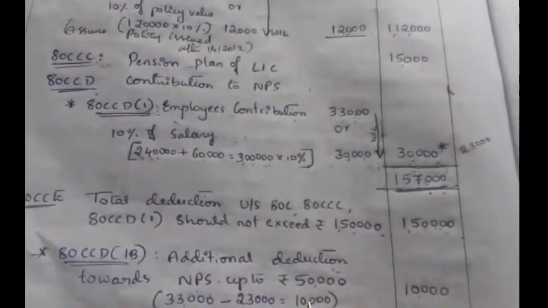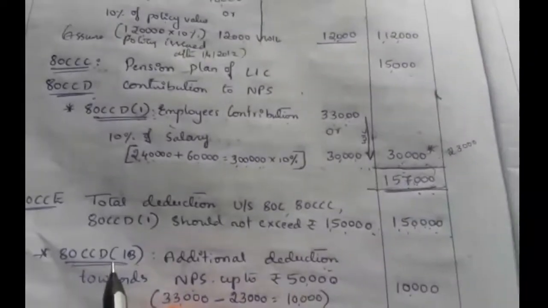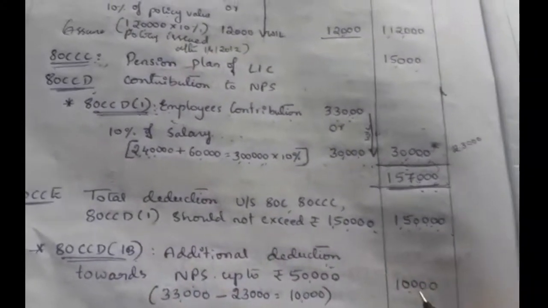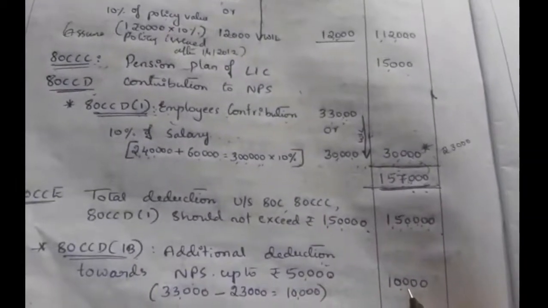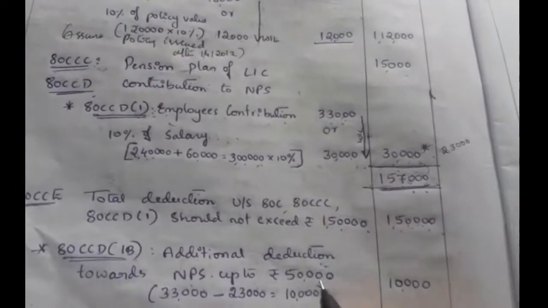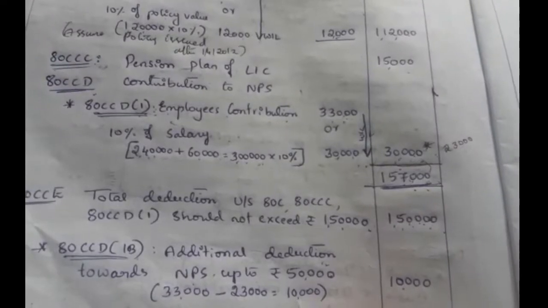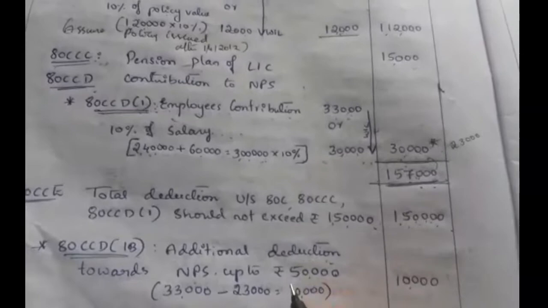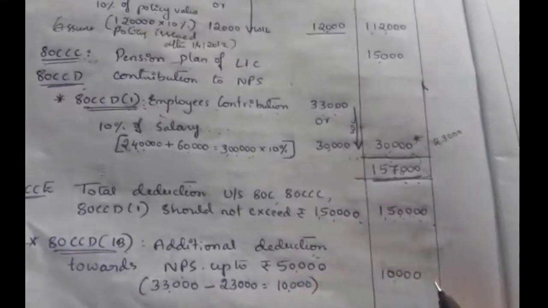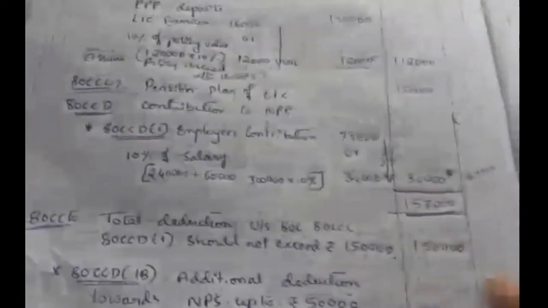So the balance 10,000 he can claim under 80CCD 1B. There is a condition: this deduction we can claim up to 50,000. If the difference is 60,000, he can claim only 50,000. If it is less than 50,000, whatever amount we get, we can claim here. Understood? So that is about the 80CCD 1B deduction.